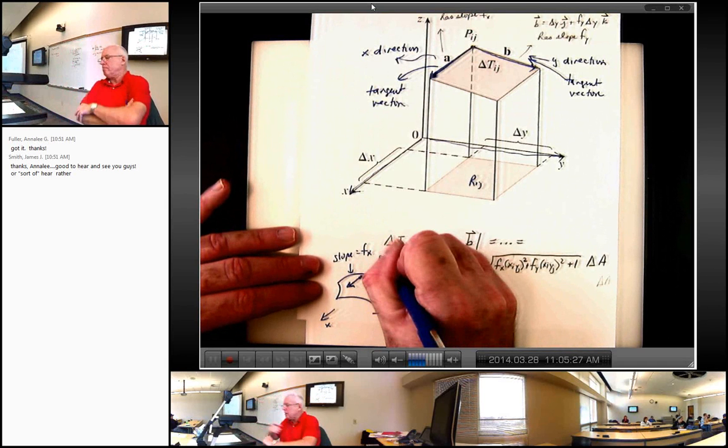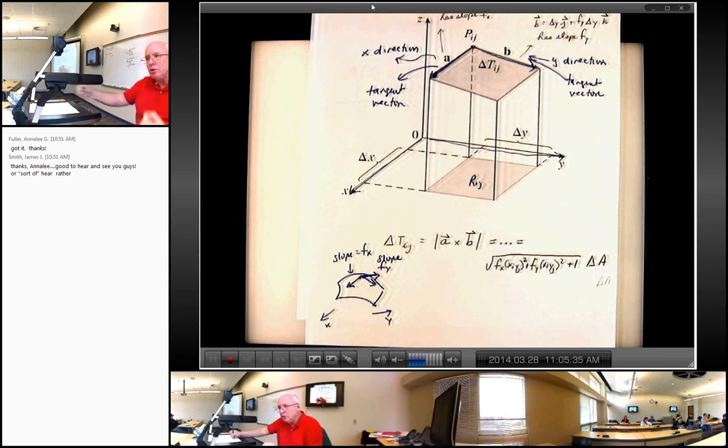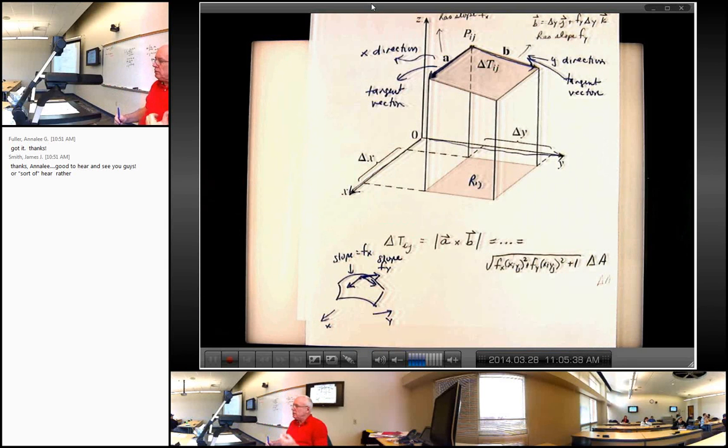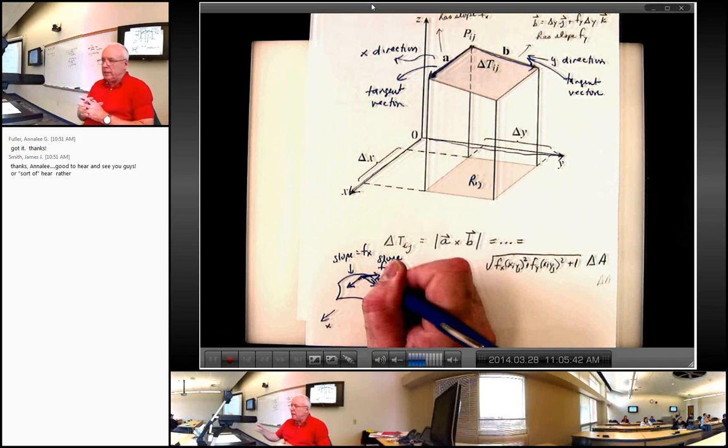They mimic how the underlying surface is changing: fx in one direction and fy in the other.